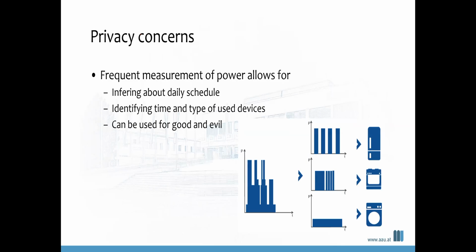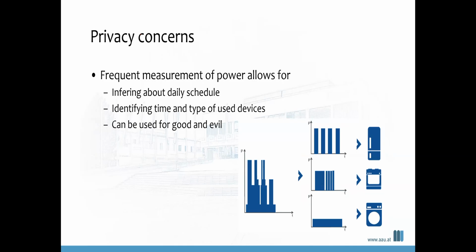because if you have such a frequent measurement of power, it allows for inferring about your daily schedule. So whoever has this data knows when you got up, because before that you were typically not using many devices. When you get up, you turn on the light, you turn on your coffee machine, you turn on the radio. So a lot of devices are going on. When you leave the house, again, you are changing your behavior.